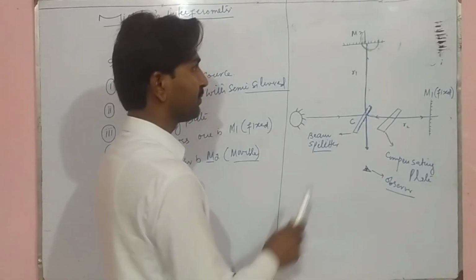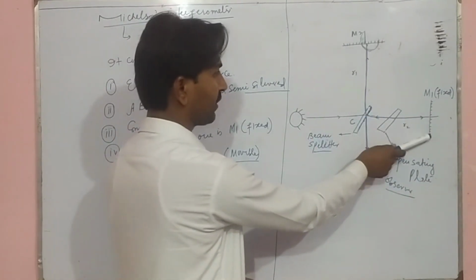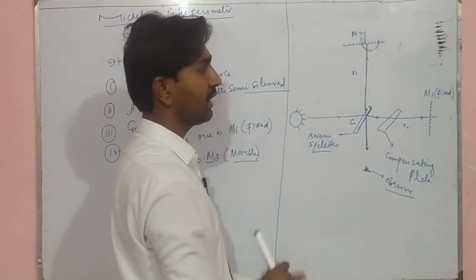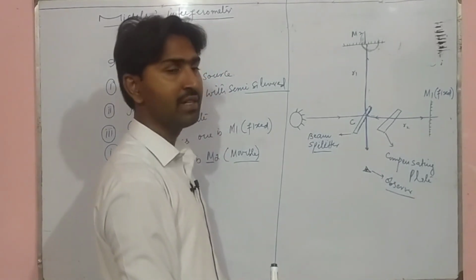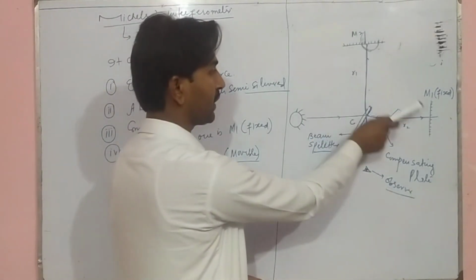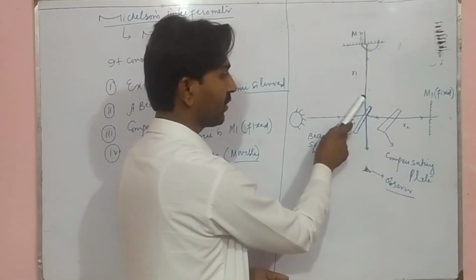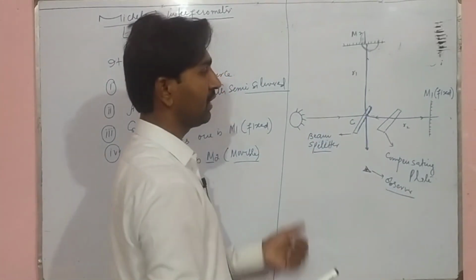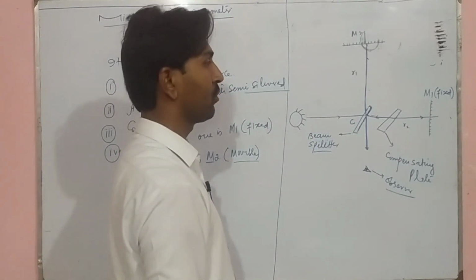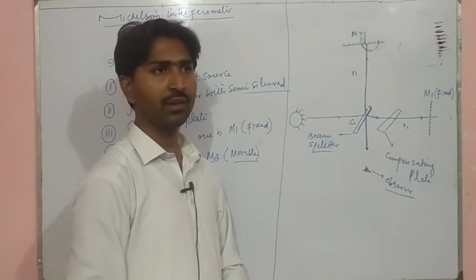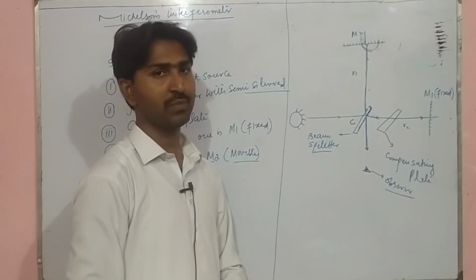If both mirrors M1 and M2 are exactly at 90 degrees to each other, perpendicular to one another, and the path difference is equal, then Michelson's interferometer will behave the same as Young's double slit experiment.